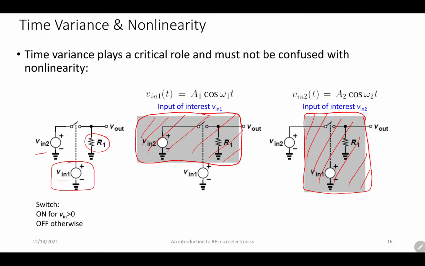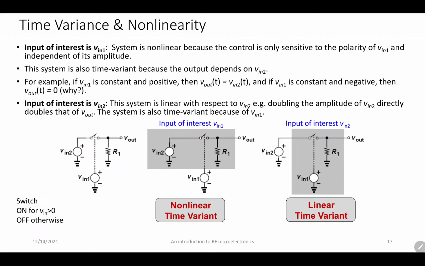So these are the two different scenarios in which we can observe this system, and in each scenario it behaves differently. Now this switch is on if v in 1 is positive, and if v in 1 is negative, then this switch is off. Now let's see what happens in both of these cases.